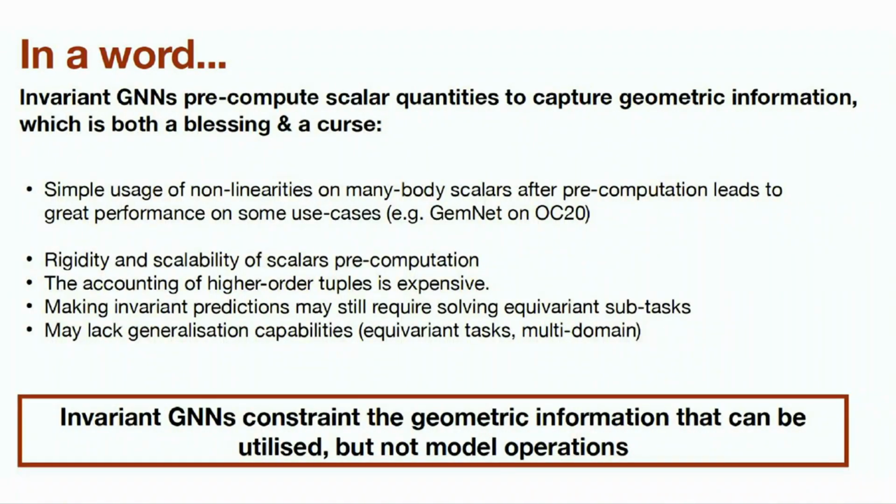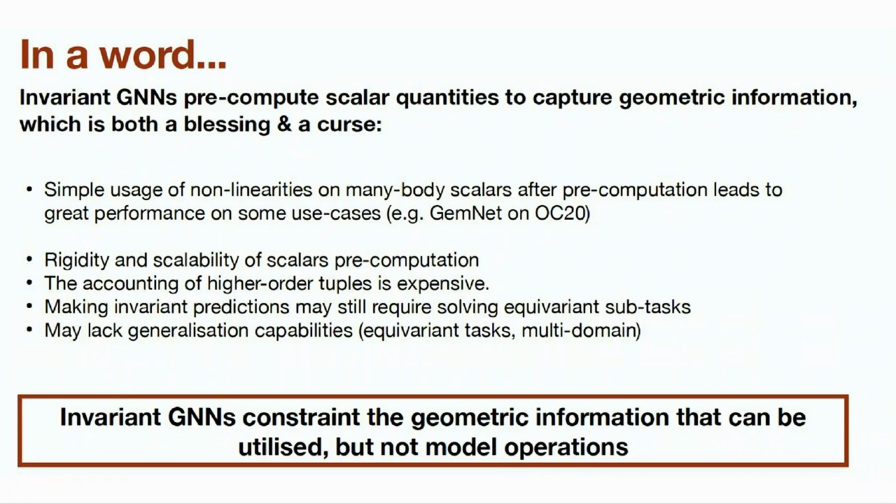So to recap, to summarize, these invariant GNNs preserve this invariance by pre-computing local scalarization from the geometric information, particularly the coordinate information.